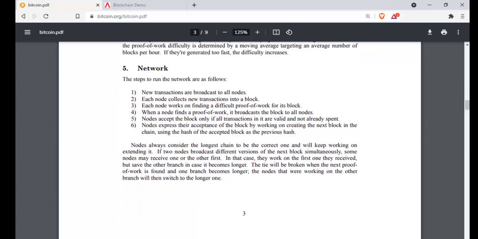So the network involves nodes. Yes, the network of the Bitcoin blockchain basically works with the help of nodes. And you might be asking, who are the nodes? Who are those responsible for broadcasting of transactions?